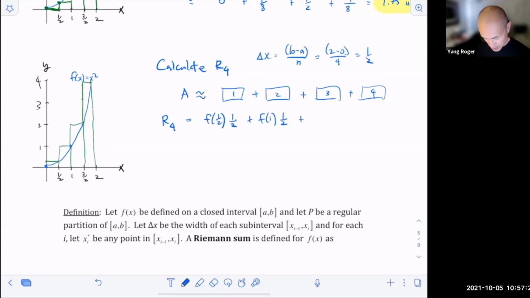For the third one, the height is going to be f of 3/2, and the width is 1/2. For the fourth one, the height's going to be f of 2, and the width is 1/2. Are there any questions about this first step? Or first 3 steps, whatever you want to call it?